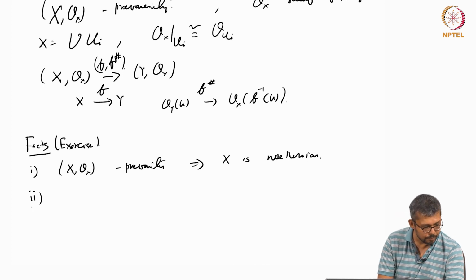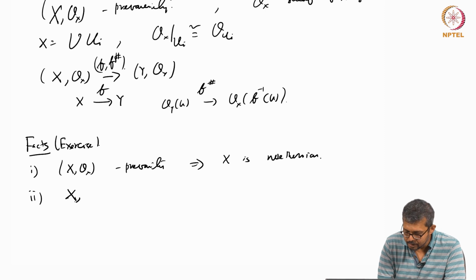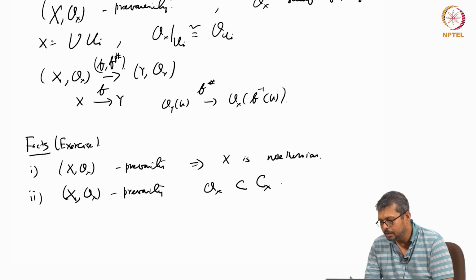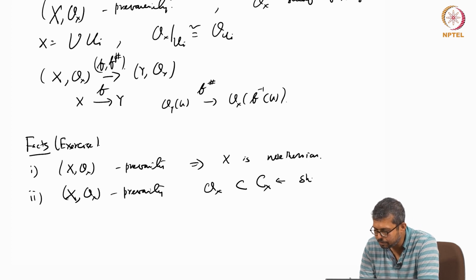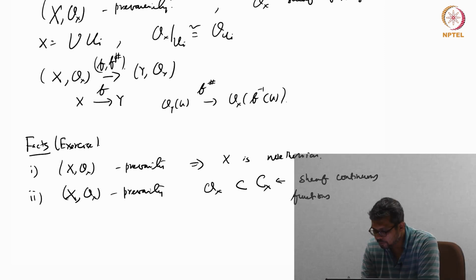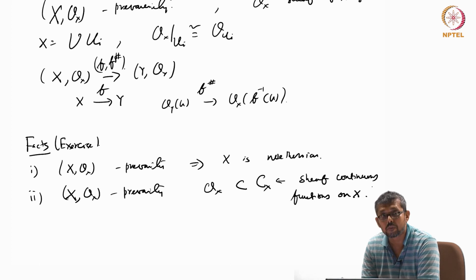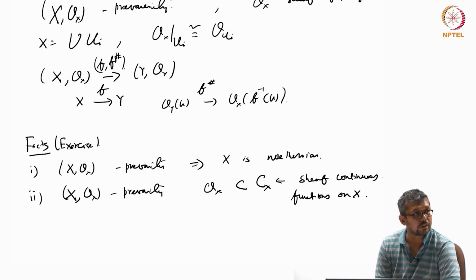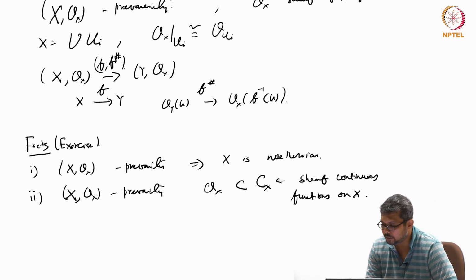Second is that if it is a pre-variety, then OX is a subsheaf of CX, where CX is nothing but the sheaf of continuous functions on X to K, and OX is a sheaf of K-algebras.